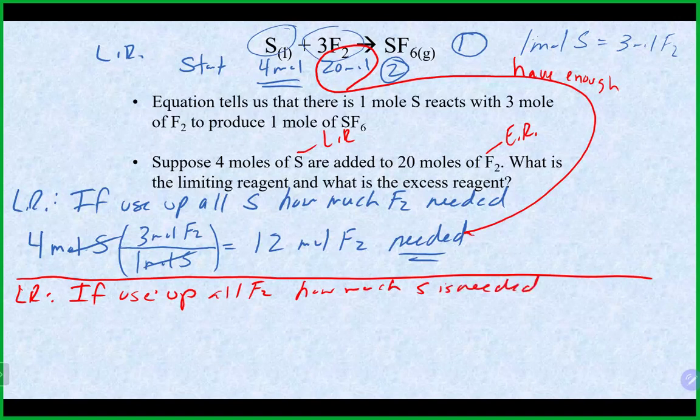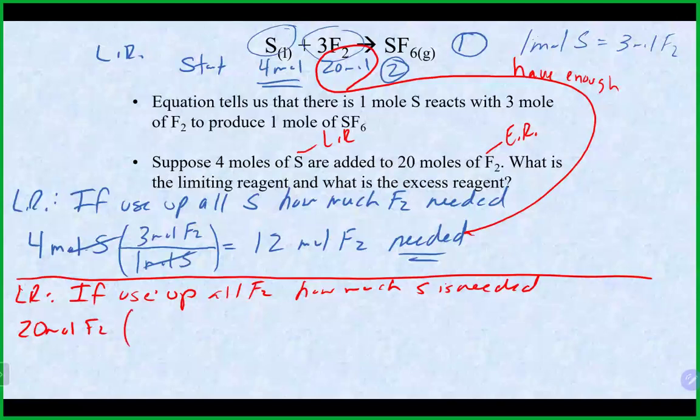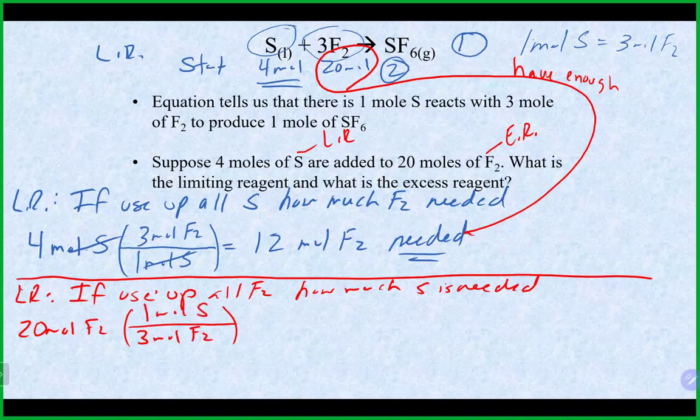So we would start with our 20 moles of F2 in this case. We will use our same mole to mole relationship, which in this case is 3 moles of F2, 1 mole of sulfur. And we'll take 20 divided by 3 gives us about 6.67.